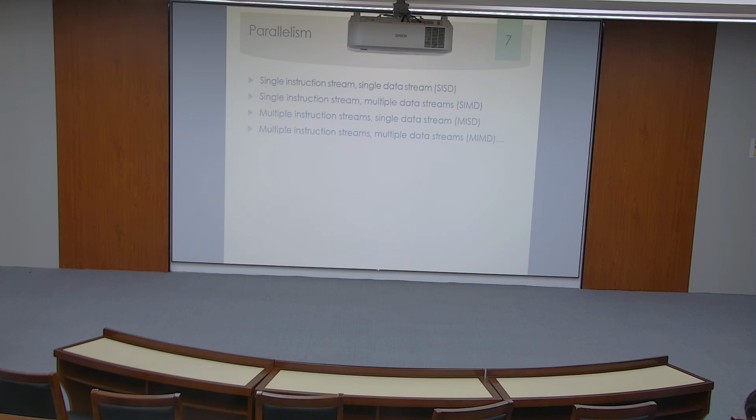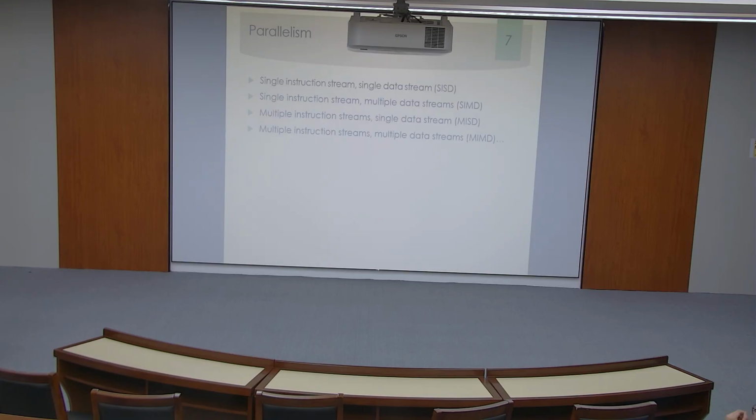That means we have multiple instructions. Those instructions require only a single data stream to be computed. For example, in fault tolerant systems, we need a single data stream to complete multiple instructions. So the last one is multiple instruction, multiple data.